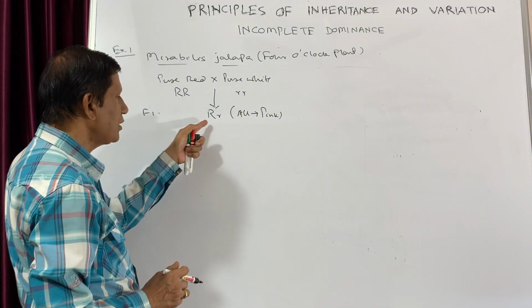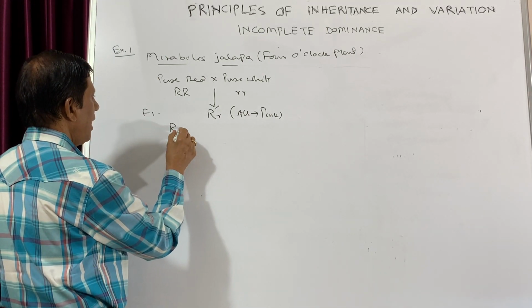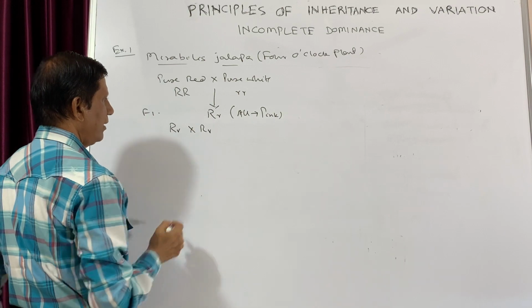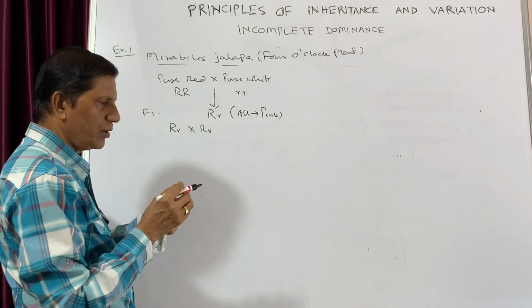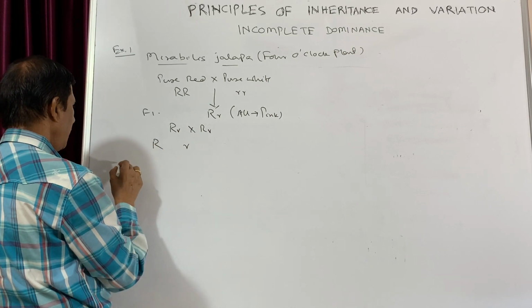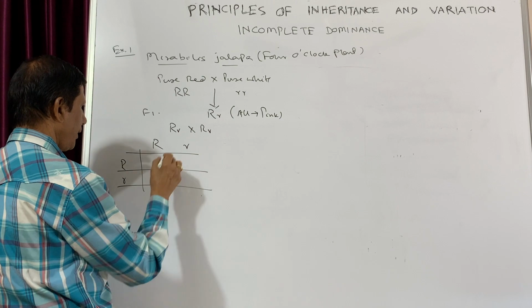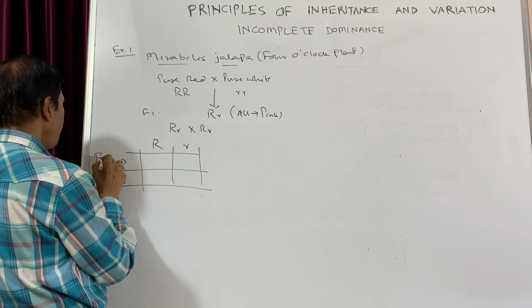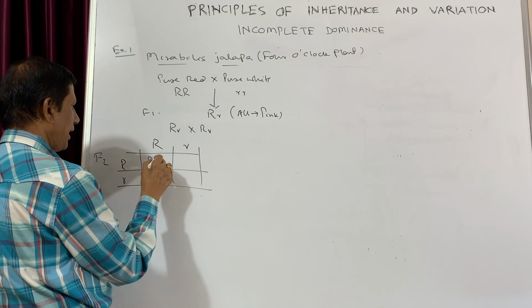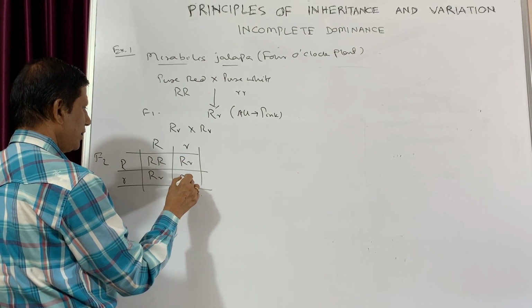Now when two such F1 hybrids were interbred, that is Rr and Rr, what happened in the F2 generation? On this side it will be R r and on this side R r. So in the F2 generation: capital R capital R, capital R small r, capital R small r, small r small r.